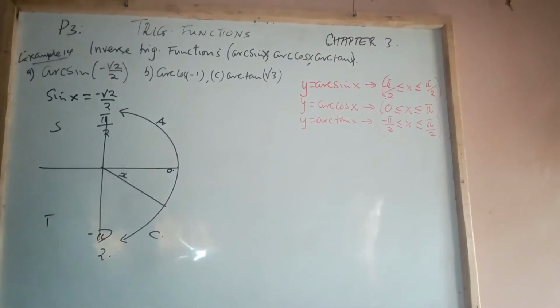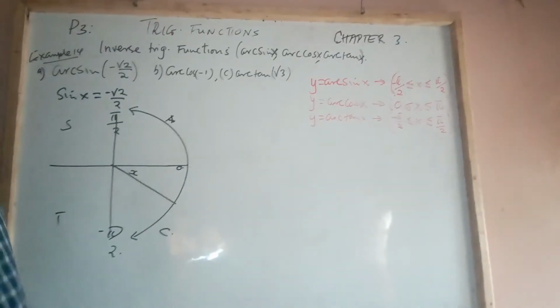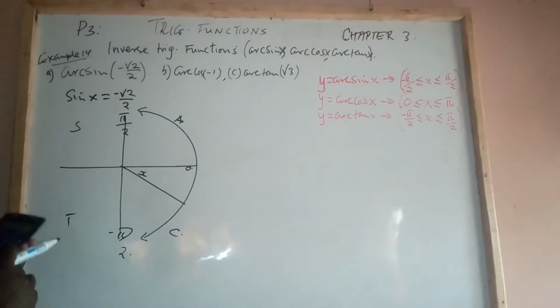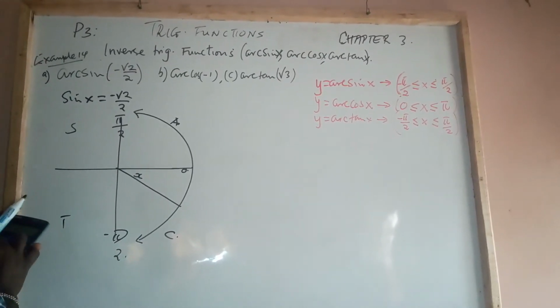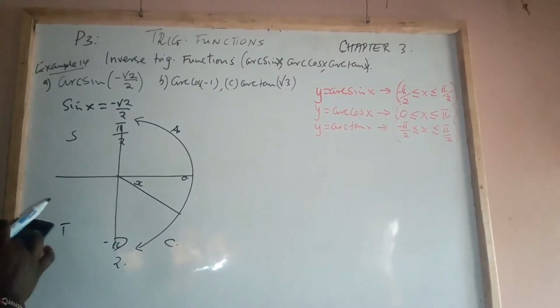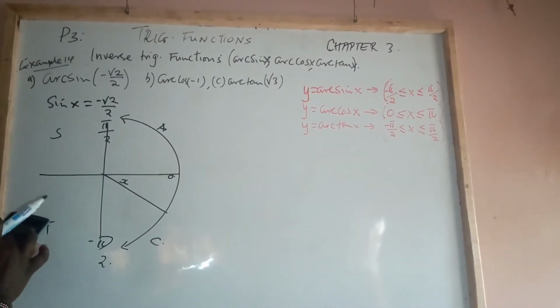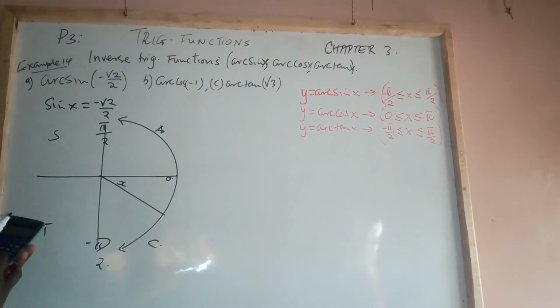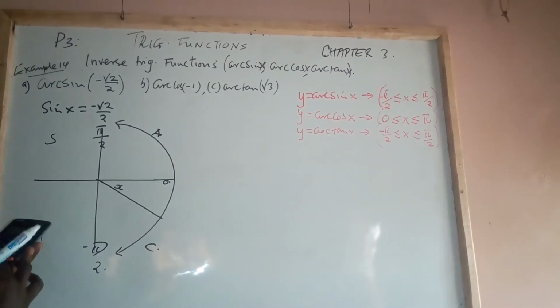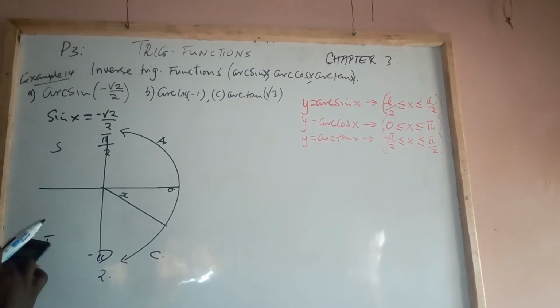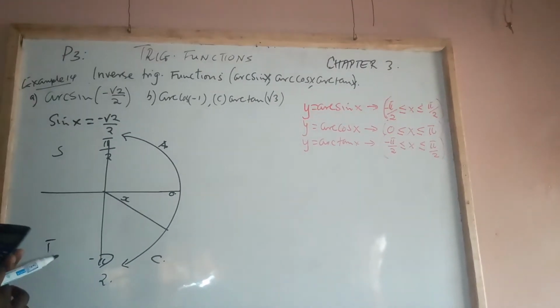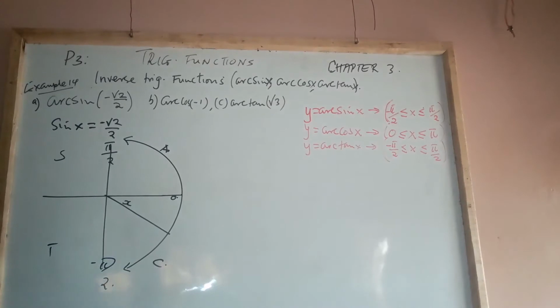And let us see. If we pick our calculator, we are going to enter minus root 2 divided by 2, then the inverse sine of the answer is going to be negative pi over 4.